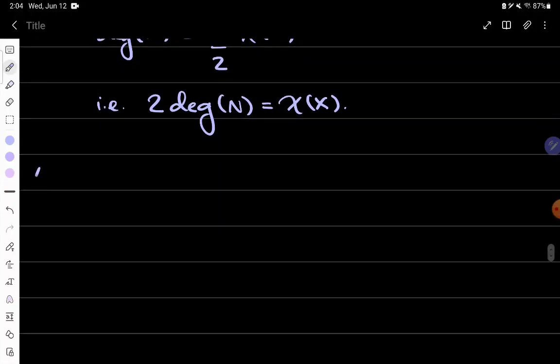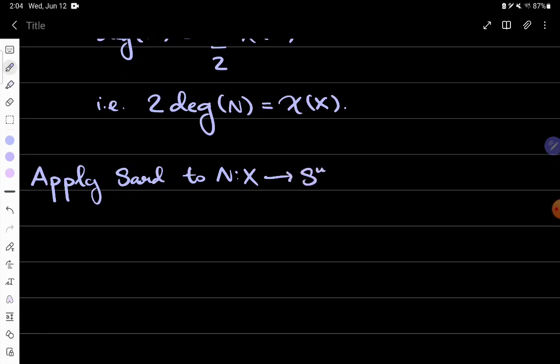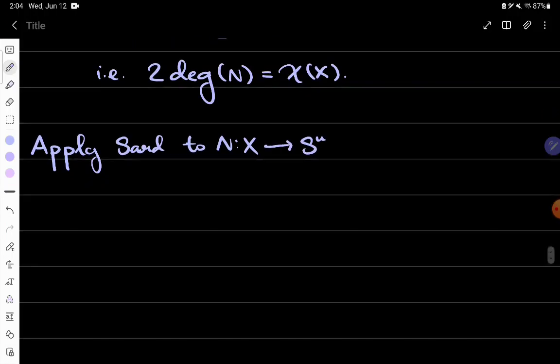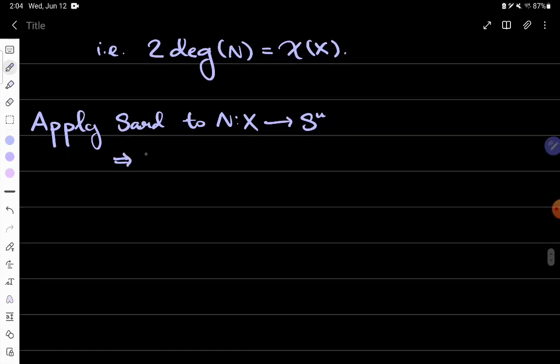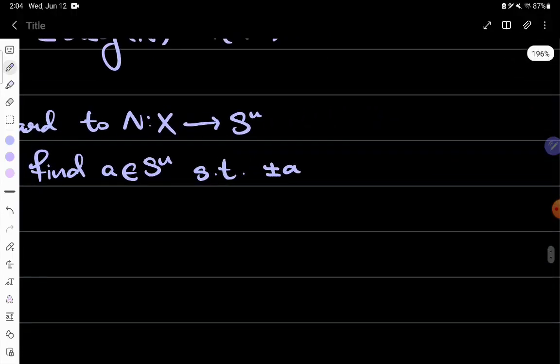Apply Sard to the Gauss map from X to Sn, so we can find some point, I'll call it A, in Sn, such that plus minus A are both regular values.